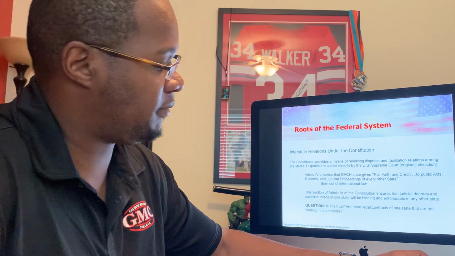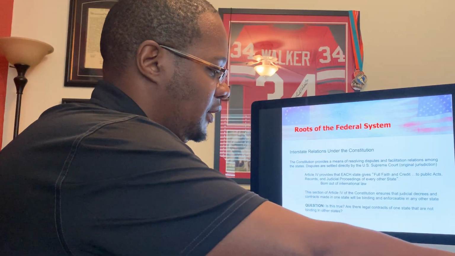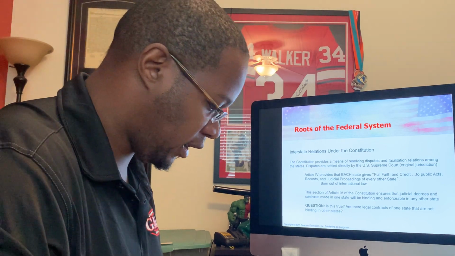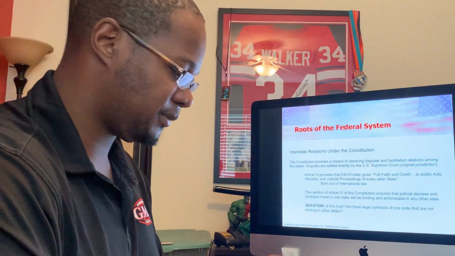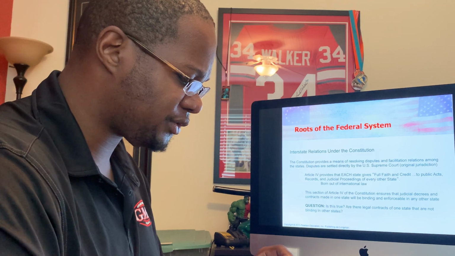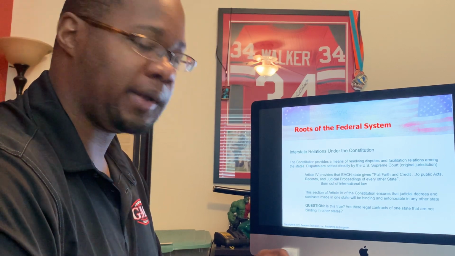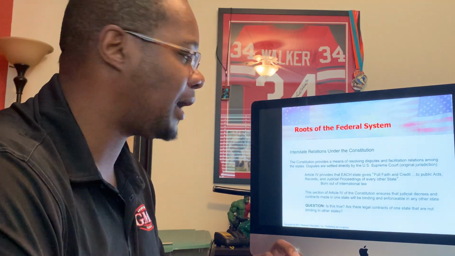So I'm going to have my wallet up here on the desk. I'm going to show you two items, one that exists in that regard and one that doesn't. One that exists in that regard is my driver's license. Now, my driver's license is a very interesting document. It is a state compact.